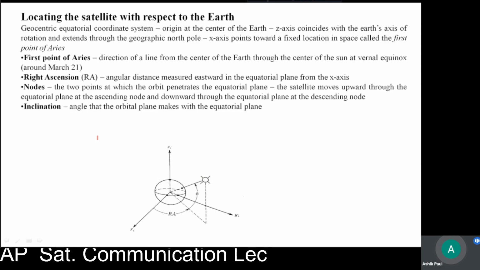Then there are also nodes. That means all these objects are moving.